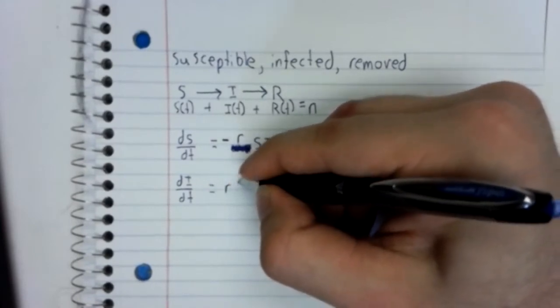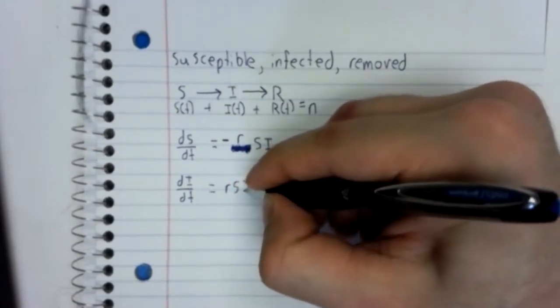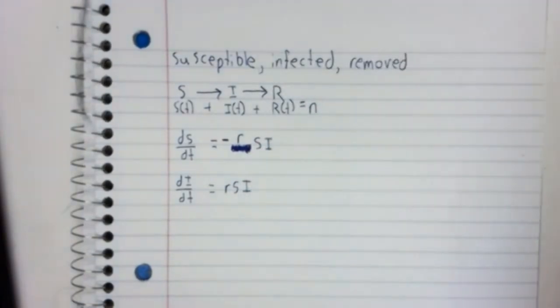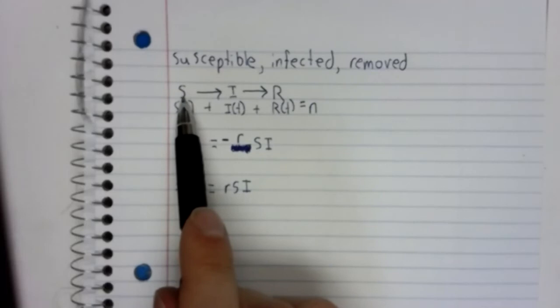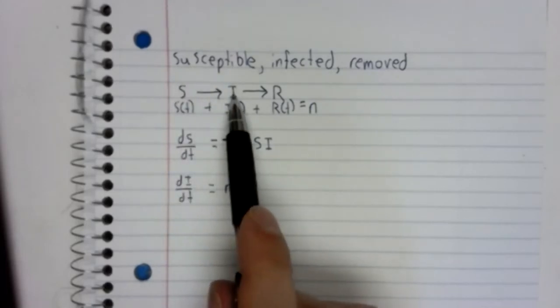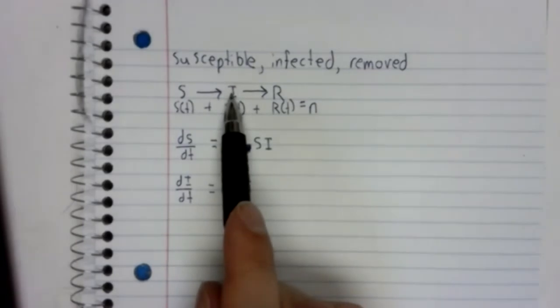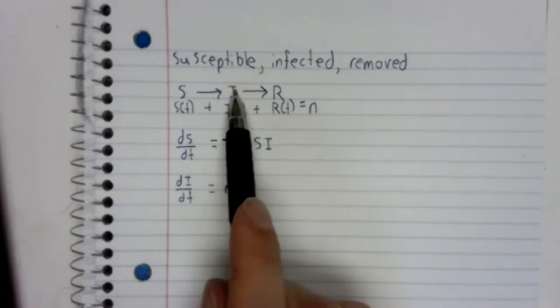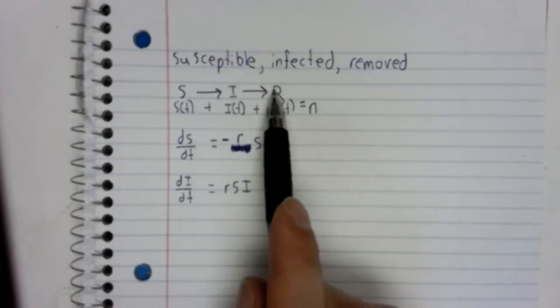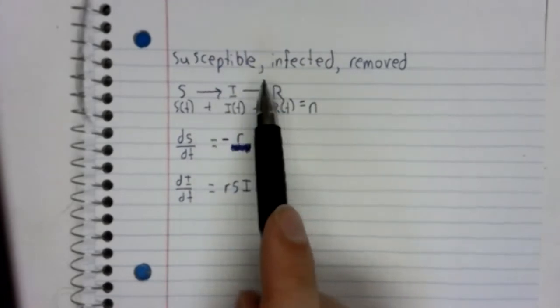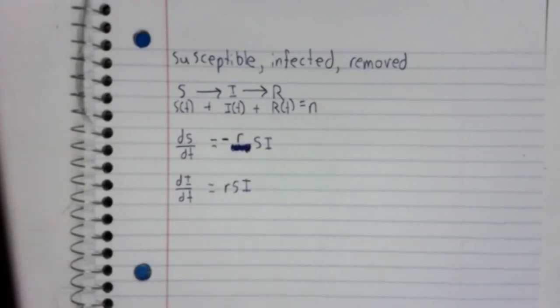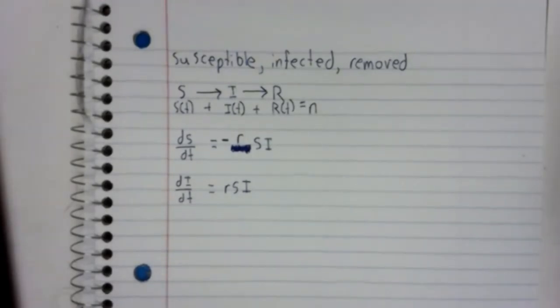We've got this r S I term corresponding to people leaving S and entering I. But we've also got people leaving I by recovering or dying and entering R. The number of people who do this is proportional to the number of people currently sick.